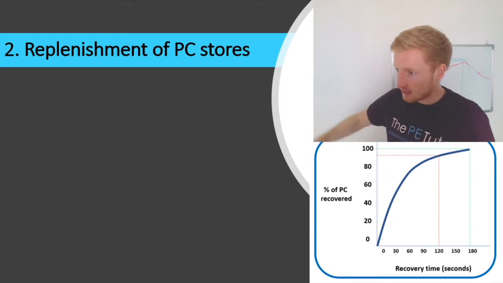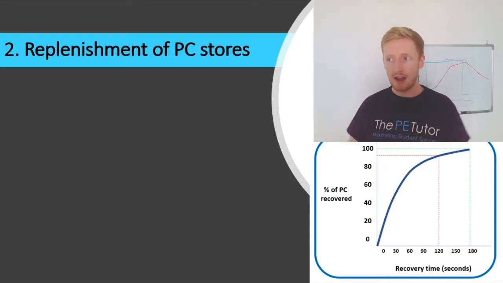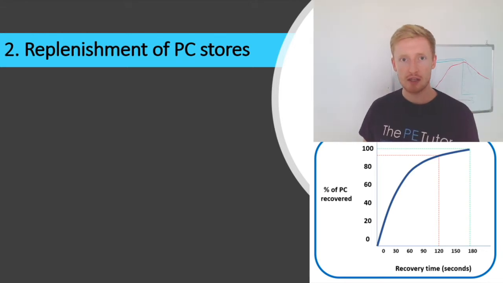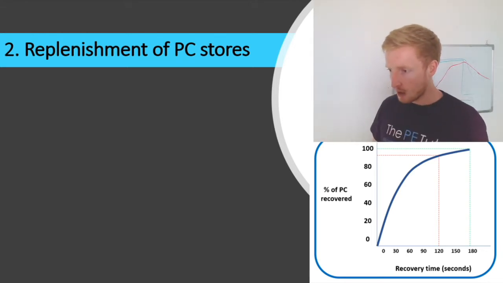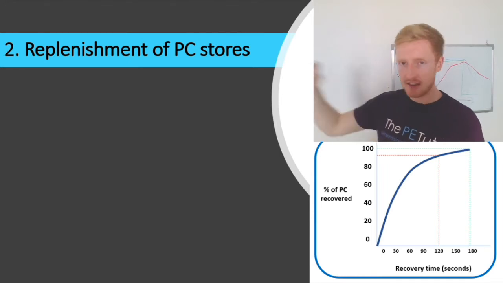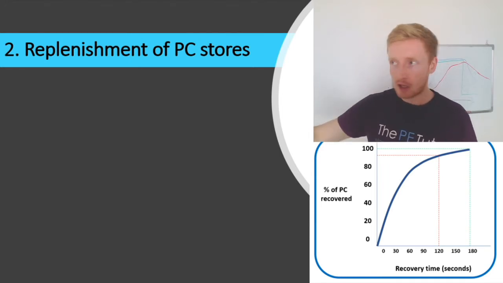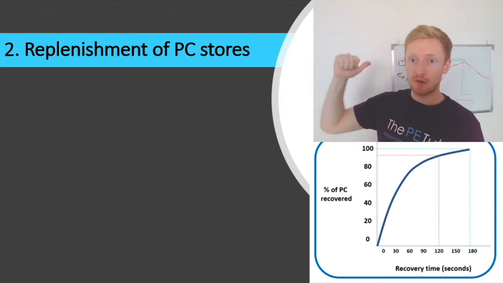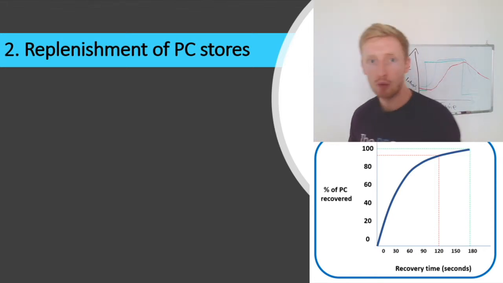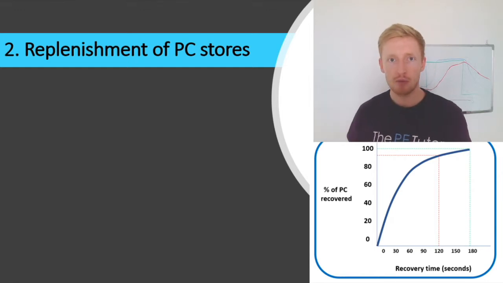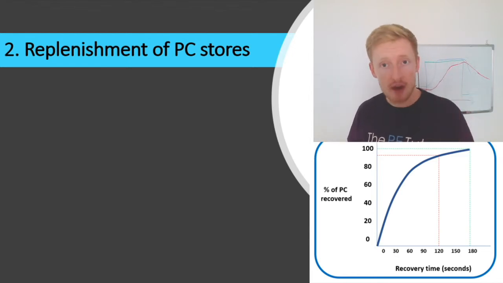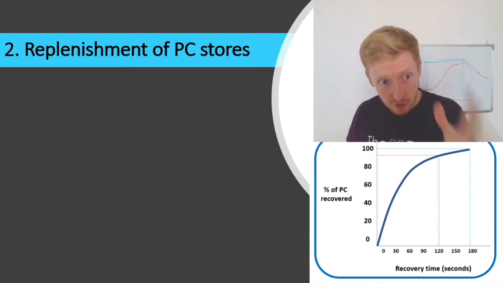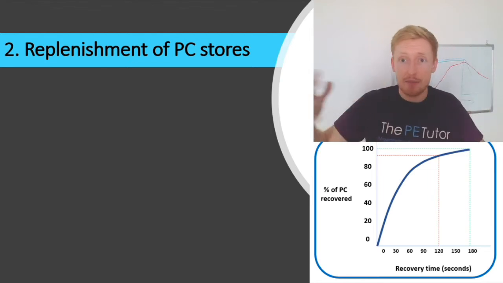Well, if we've just been exercising at moderate to high intensity and we've broken down all of our phosphocreatine, and we're resting, but we have any intention of exercising in the next 10-15 seconds again, it could be a second set in the gym. It could be running back to defence after our team has just broken forwards in a game of basketball. If we have any intention of moving again for longer than 1 or 2 seconds, we're going to need phosphocreatine. Because if we haven't got phosphocreatine, we can't use the ATP-PC system.